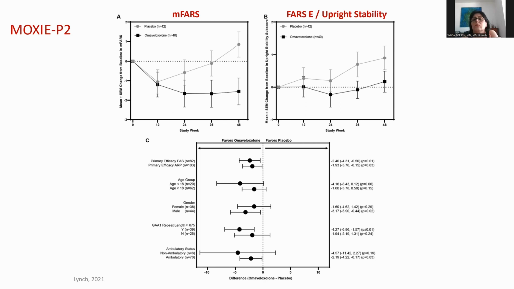So, Sylvia, you're next. Yeah, just a comment. In Friedreich's ataxia, of course, you have the legs and walking, standing, and upright position, which is really completely different from the SCAs clinically.